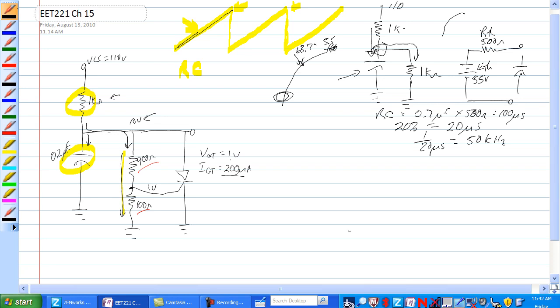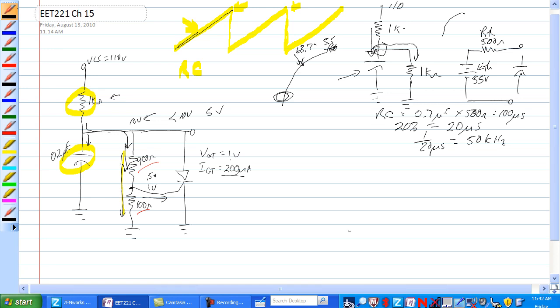I'll also have my trigger current coming from this cap, which is something I may or may not have to deal with. When I have less than 10 volts here, let's say 5 volts, I would have about 0.5 volts here. Will there be any current going into this gate?